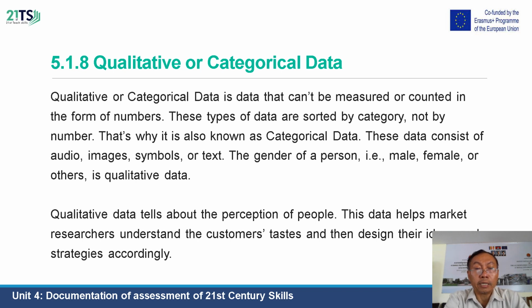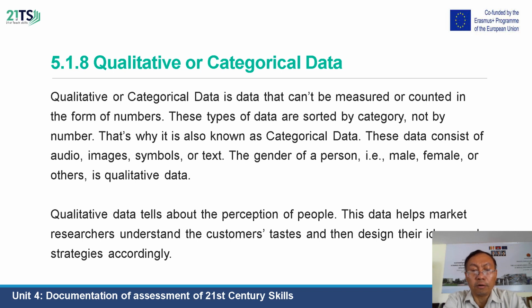Qualitative or categorical data. Qualitative or categorical data is data that can't be measured or counted in the form of numbers. These types of data are sorted by category, not by numbers. That's why it is also known as categorical data. These data consist of audio, images, symbols, or text.